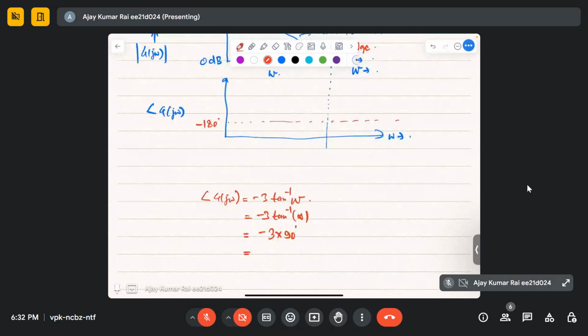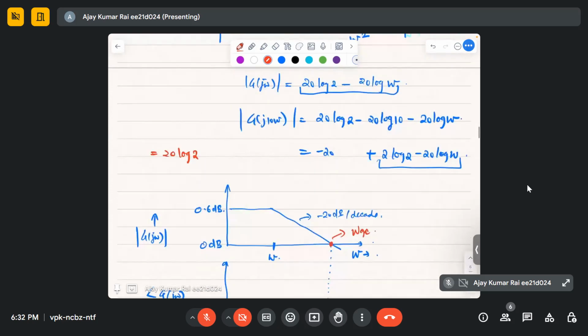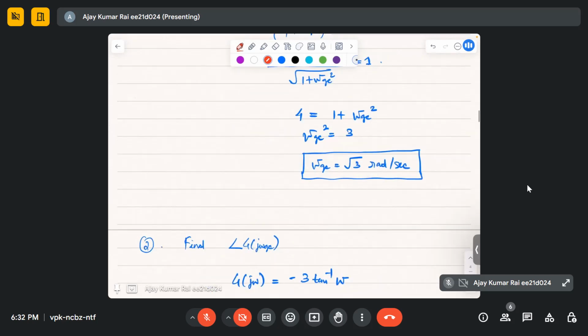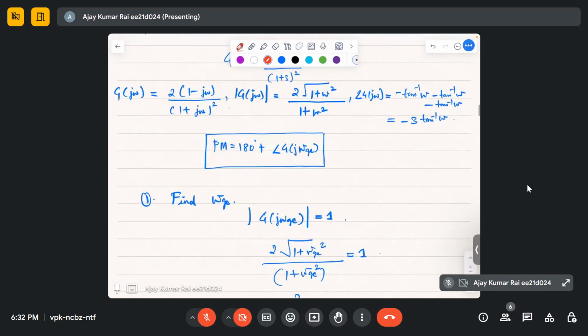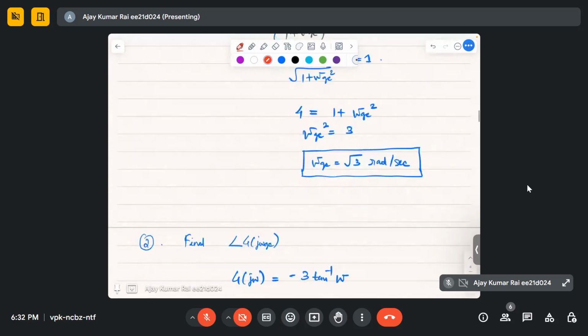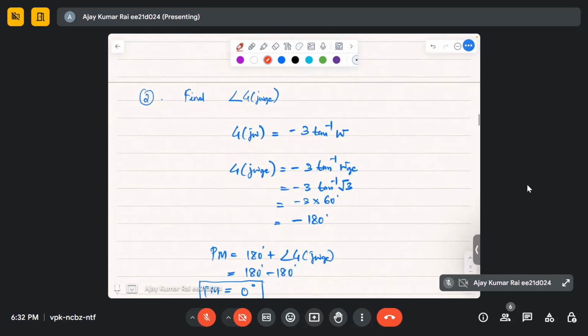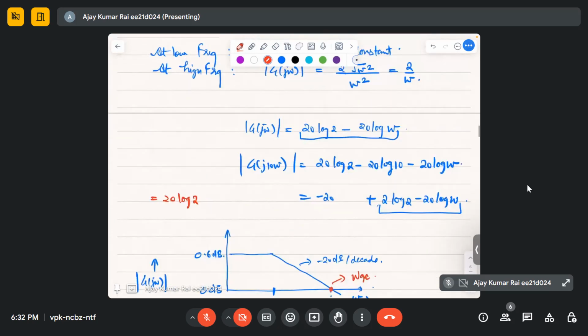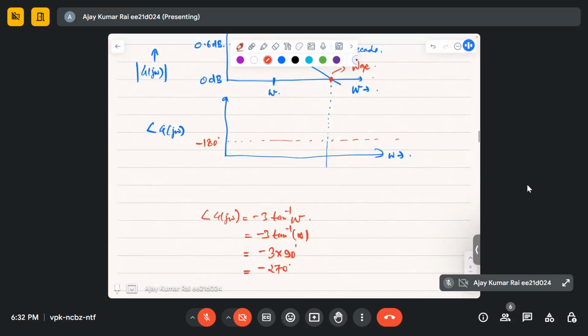So what is this? 270 degree, right? So we have found out the phase from here. Ultimately at higher frequencies the phase should be equal to minus 270.